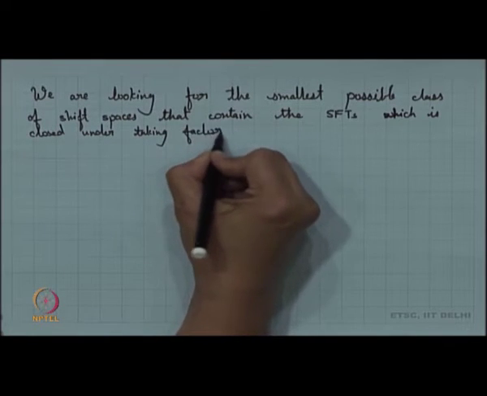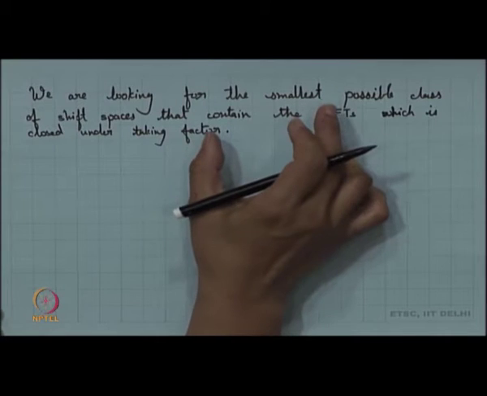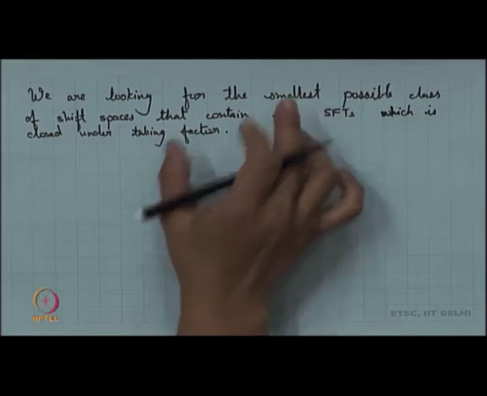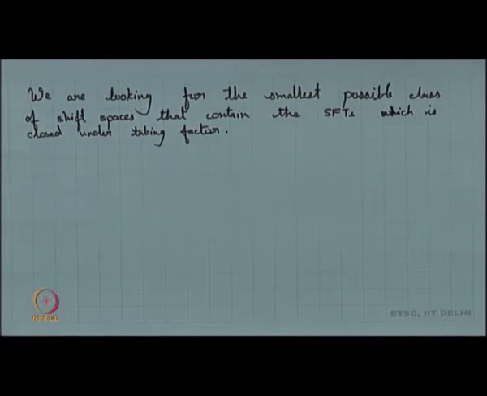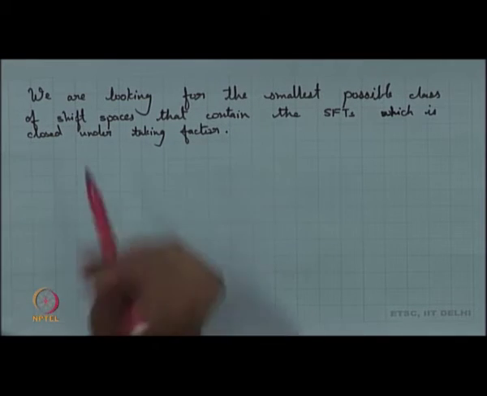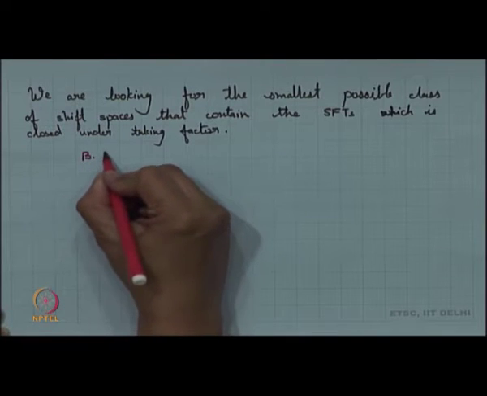So, if you take any factor of an element in this class, you remain in the same class. So, this was answered by B. Weiss. So, very aptly B. Weiss answered this.